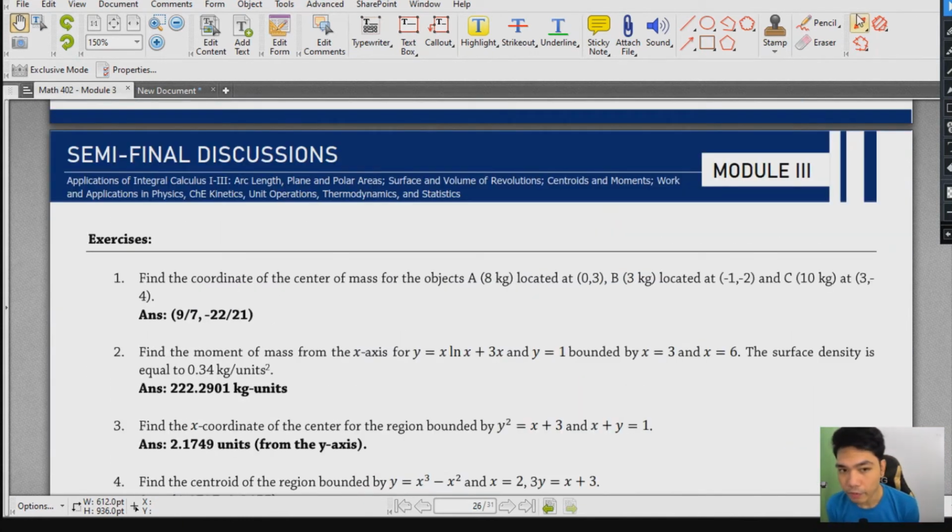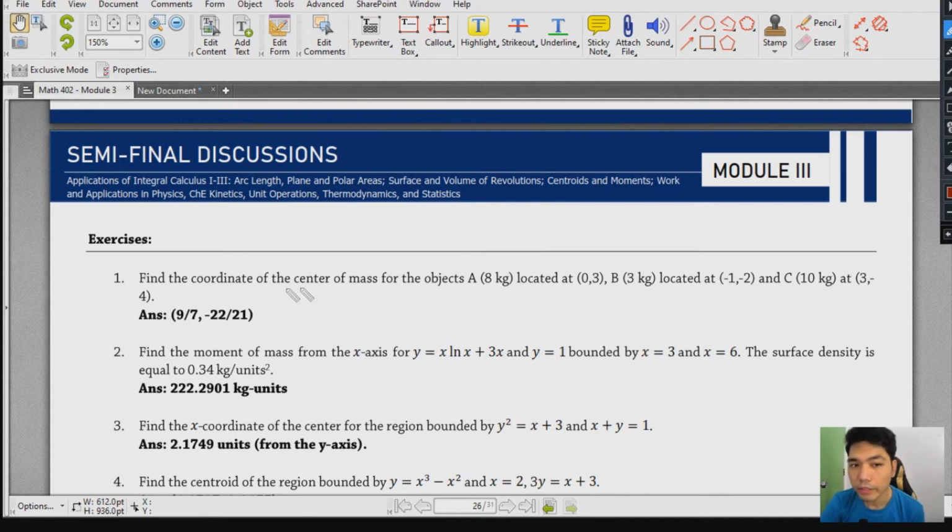Okay, so let's have the first one. In this particular case, let's disregard the formula we gave before. In this case, you're given a lot of objects, A, B, C, with some locations in the Cartesian coordinate system.